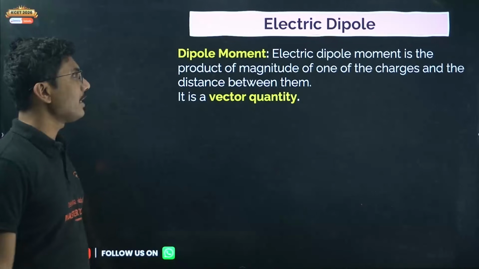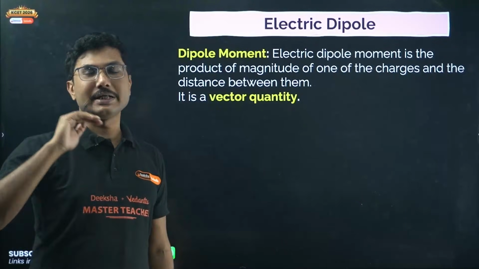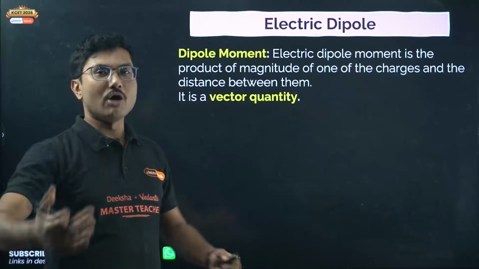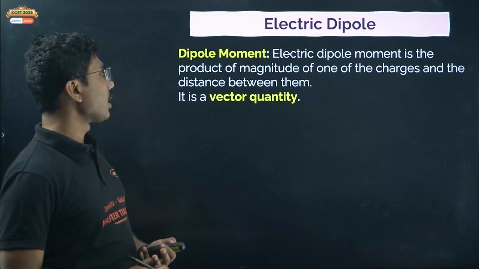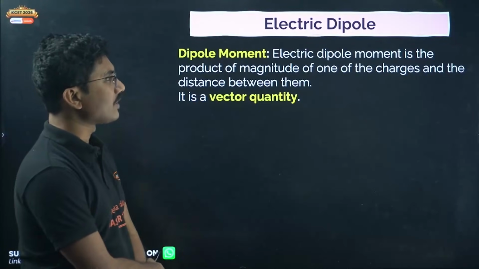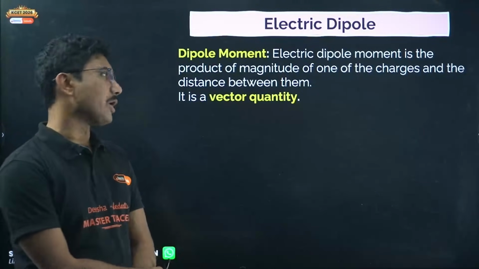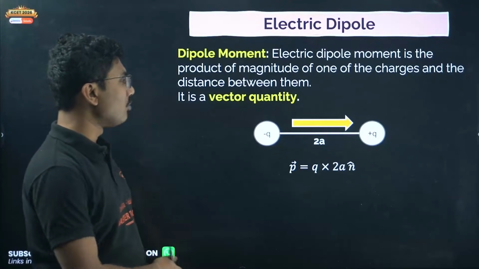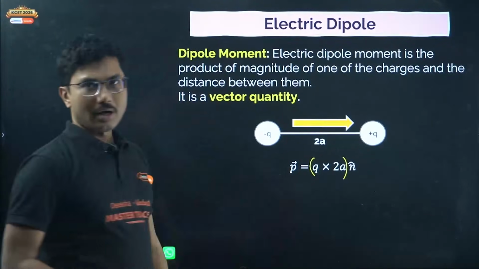Now why is it important? Because we are going to discuss dipole moment. Dipole moment basically is a measure of how strong a dipole is. Electric dipole moment is the product of magnitude of one of the charges and the distance between them. It is a vector quantity. So basically electric dipole moment is q into 2a with a unit vector.